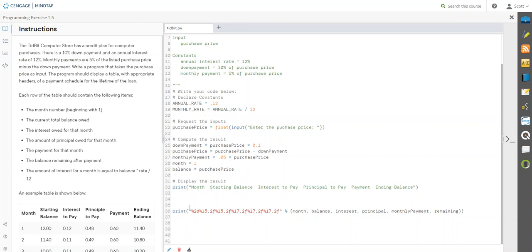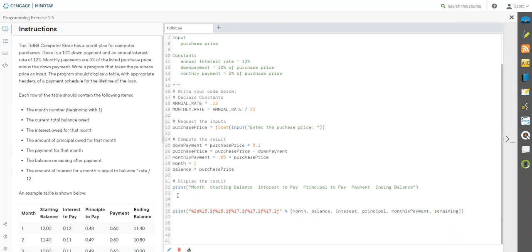And how do you know you're done paying it off? Well, your balance is zero. So our balance, we need to get our balance down to zero. So as long as our balance is greater than zero, we're going to pay for this, whatever it is that we're dealing with, buying a computer.